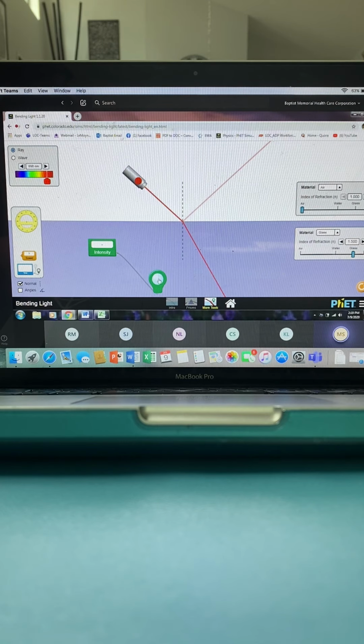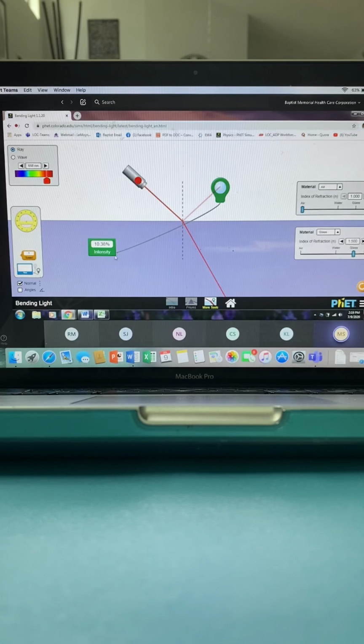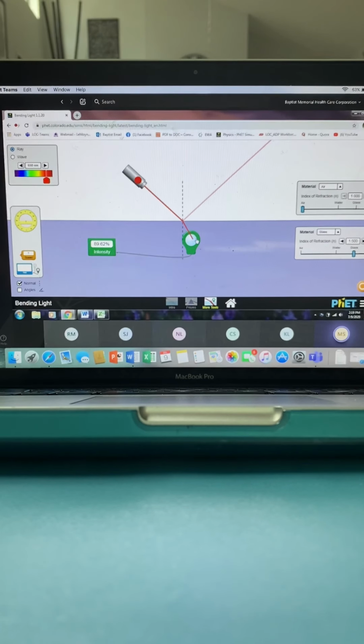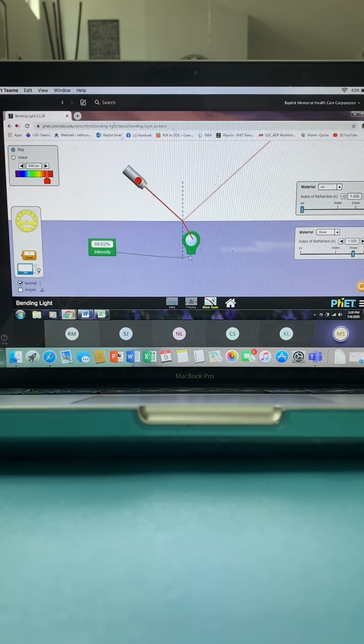Now, as I mentioned earlier, you can get partial reflection if you have two types of boundary, two types of medium. So look at this, how much intensity we are getting here. Approximately 10 or 11% of the intensity will be reflected like this, all right? And 90% of the intensity we are getting here.